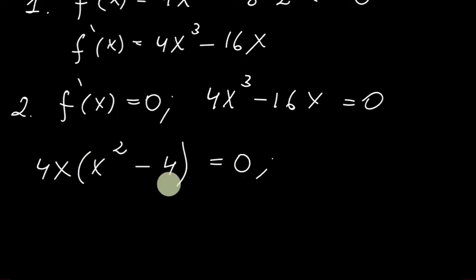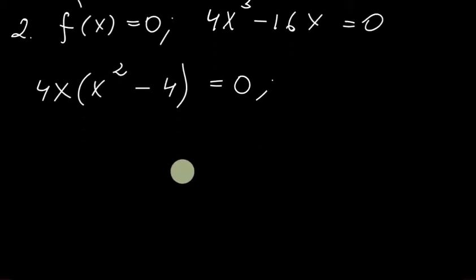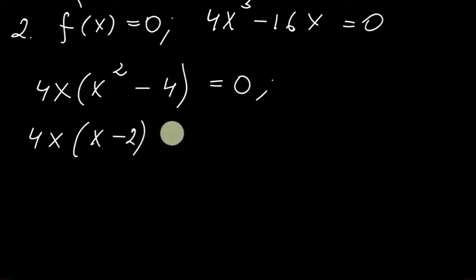Now we need to apply a formula here, because that's how we solve quadratic equations. So 4x times (x minus 2) times (x plus 2) is equal to 0.